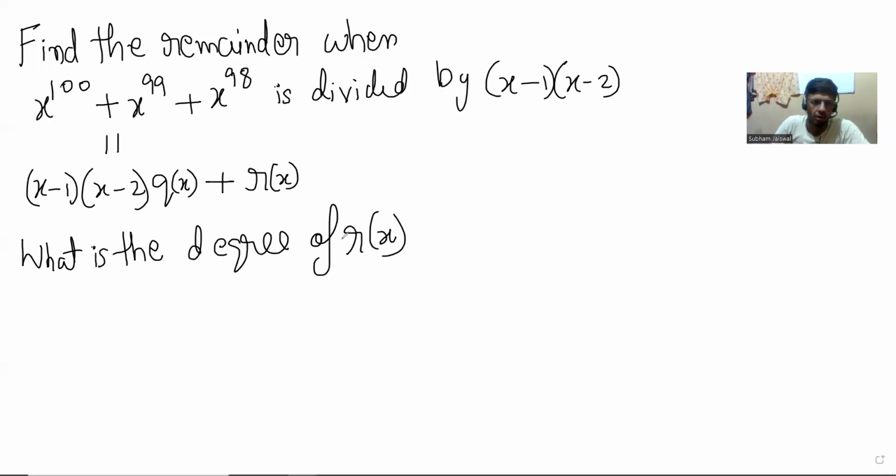Or what can its largest degree possibly be? Okay, Aparna, what do you think? Yes, right? It could be 1, it could also be 0. It could be 0, but it cannot be more than 1, right?